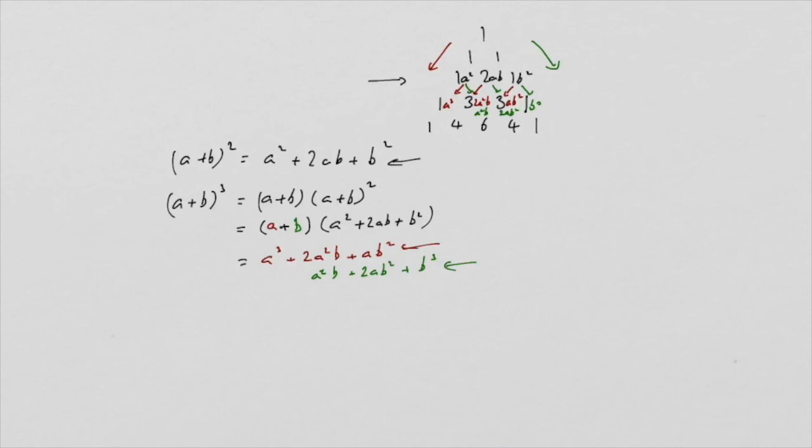And so we see that if we want to find the number on the next line, we can see this lovely triangle here that takes everything in. And we get our final answer here, so we get a cubed plus 3a squared b plus 3ab squared plus b cubed.